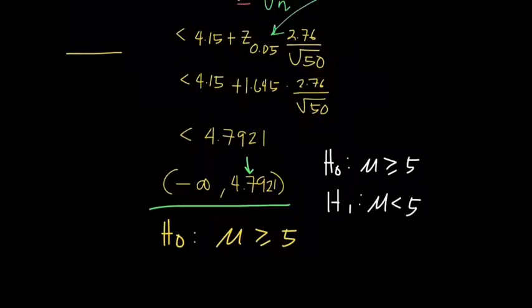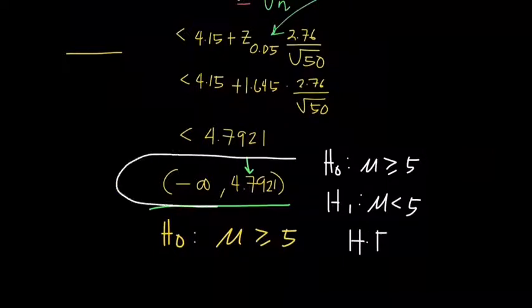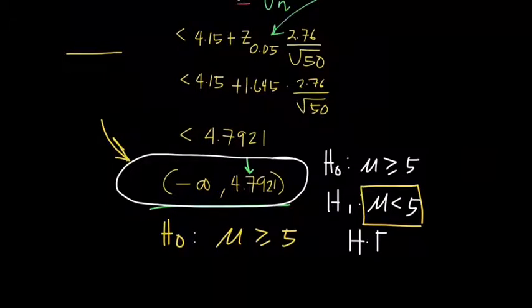If we are not going to run a hypothesis test, but we constructed a one-sided confidence interval, one-sided because we need one side or a one-tailed test supposedly, this shows that the value for the mu can only be up to 4.7921. And clearly, when we say up to 4.7921, the value is less than 5.